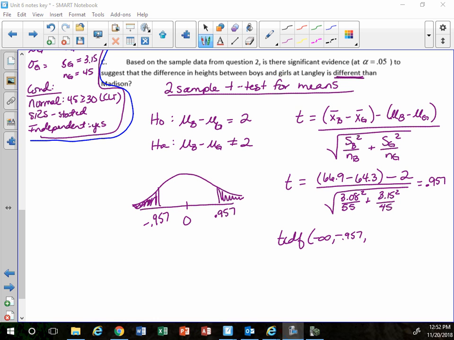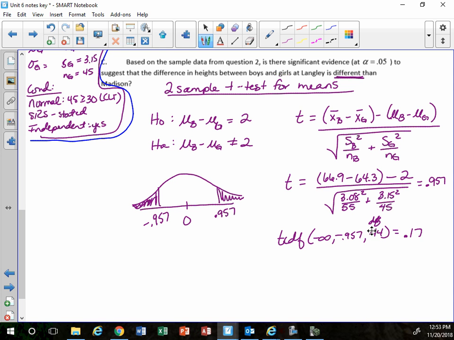Why are we using 44? Smaller of the two sample sizes, and then that n minus 1. So we are using degrees of freedom of 44. That says DF. And I think you get 0.17, something like that when you do this.